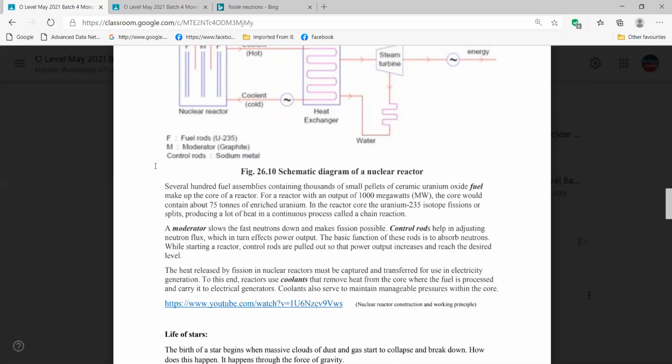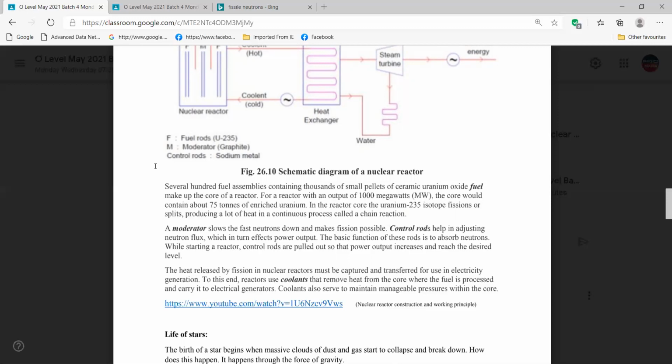Should moderators only be made of graphite, or can we use something else? Normally we are using graphite as the moderator. I have not seen any other moderators. Okay, sir.